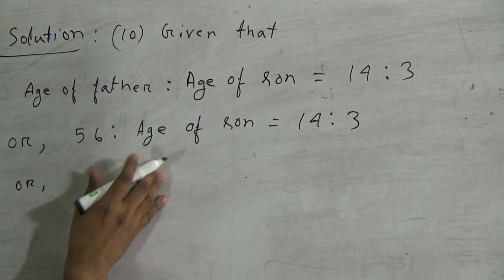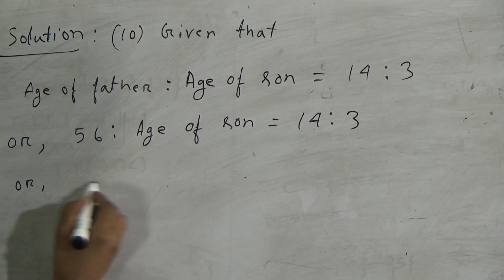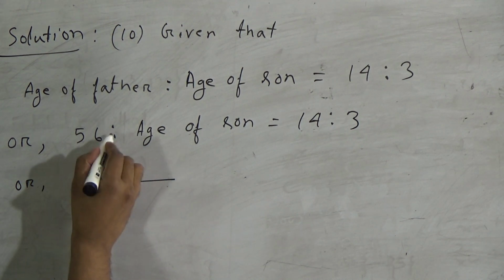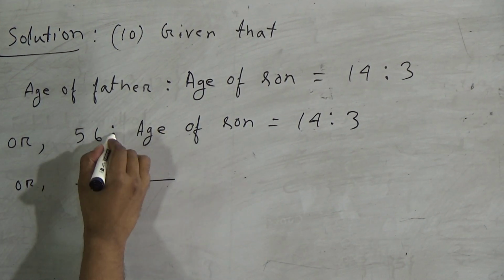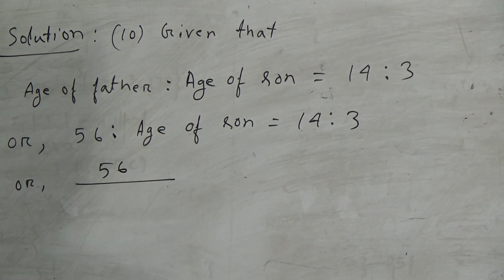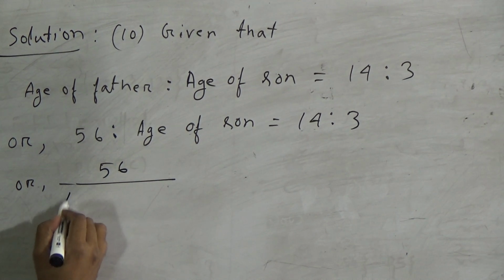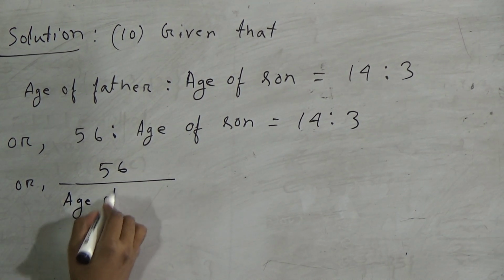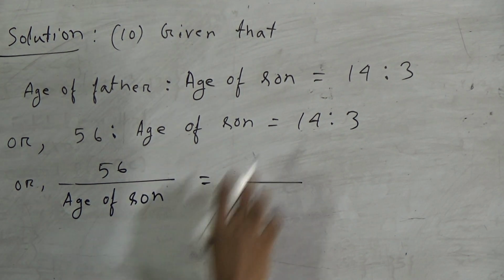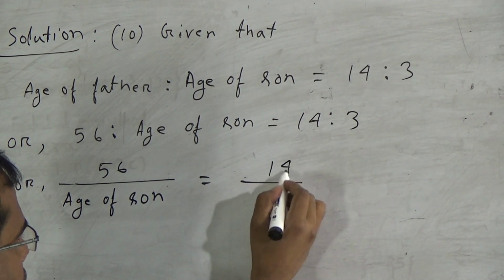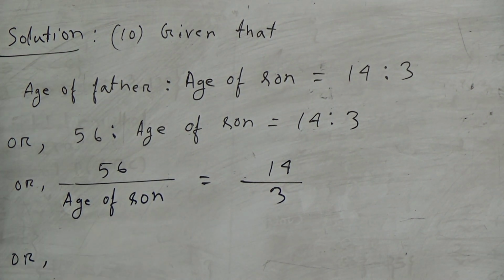Now we will write this ratio as a fraction, and first term of the ratio we will write as numerator, that means 56 we will write here, and the last term of the ratio we will write as denominator, that means age of son we will write here, age of son equal to, here also first term we will write as numerator and second term we will write as denominator. Now we have to find out the value of age of son.